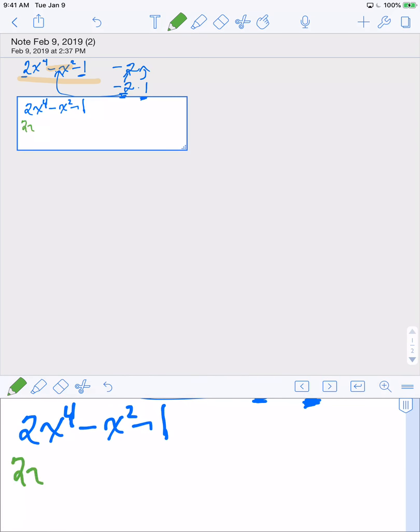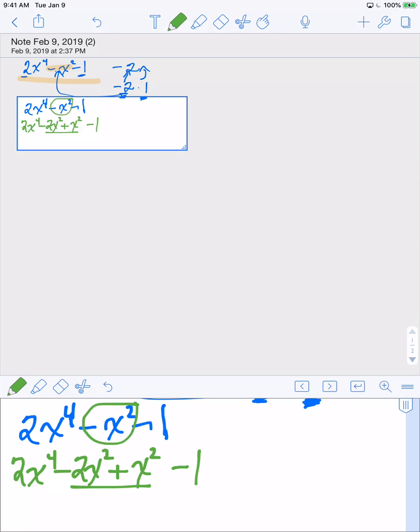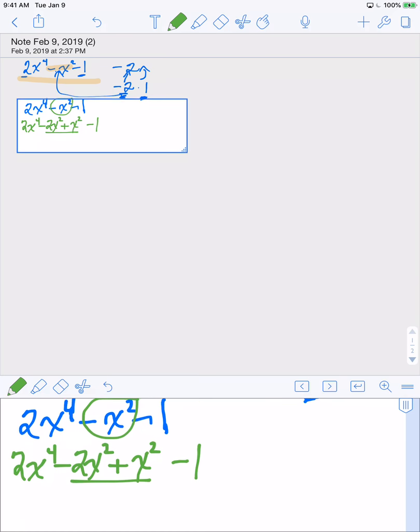The 2x to the 4th is unchanged, and this becomes -2x squared plus x squared. Notice together they still add up to -x squared. And then -1. The first and last term you just copy, and this middle term you just split into 2 terms. Okay, well, why do we do that?